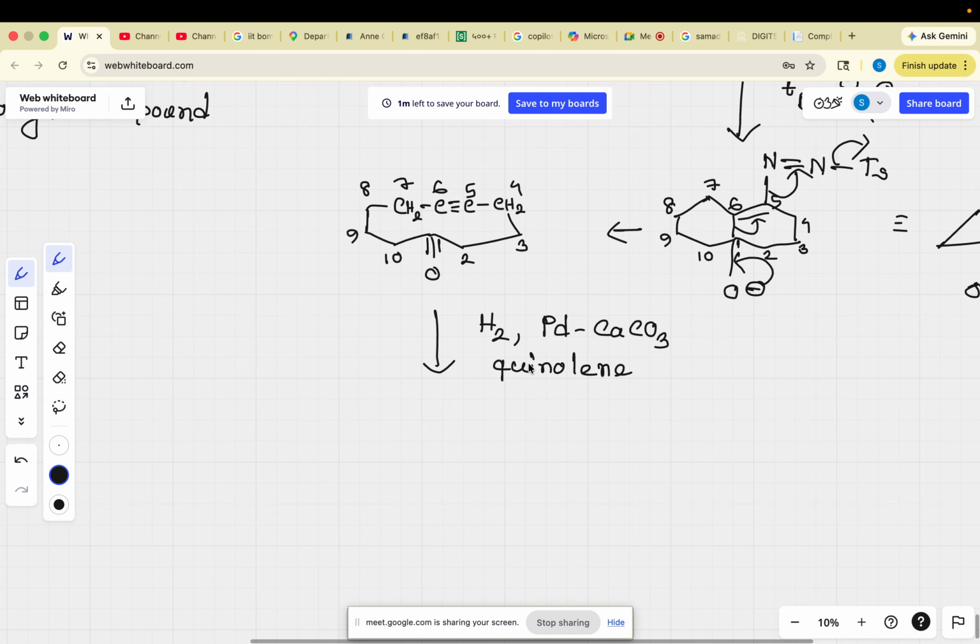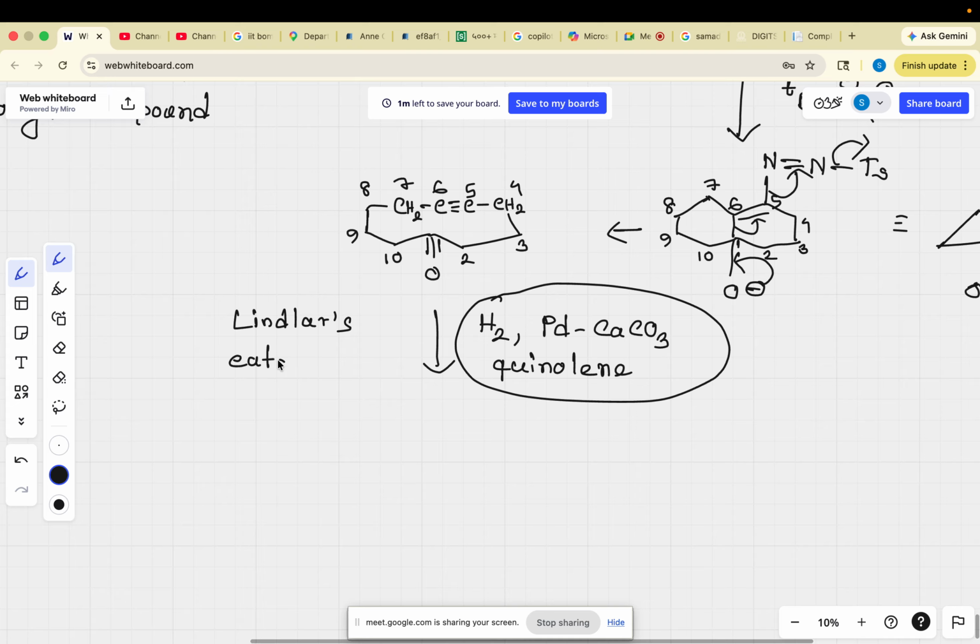What will happen? Which reagent? It is hydrogen, palladium, calcium carbonate, quinoline. Lindlar's catalyst. So in presence of Lindlar's catalyst, what will happen?